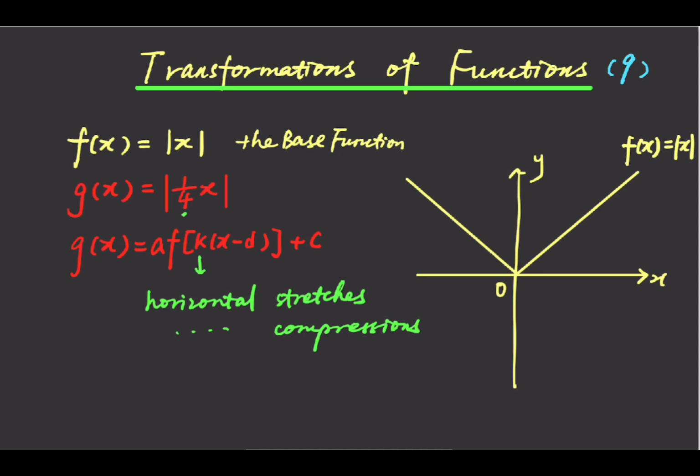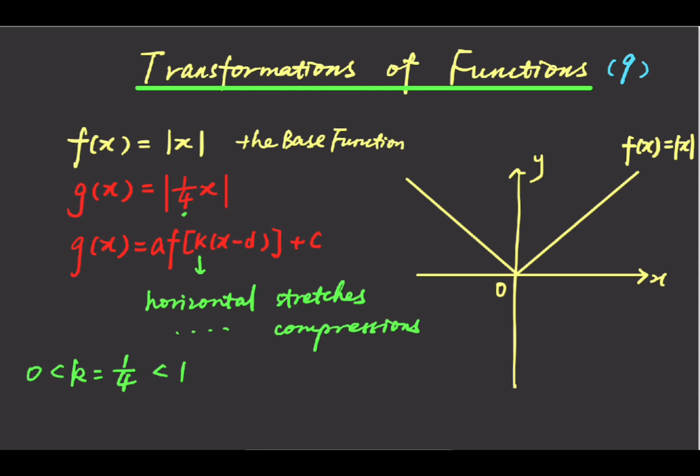Here, k equals 1/4, a number less than 1 and greater than 0. So we need to do either horizontal compressions or horizontal stretches, and which one is decided by this number. Here, k is a positive number less than 1, so we need to do horizontal stretches.